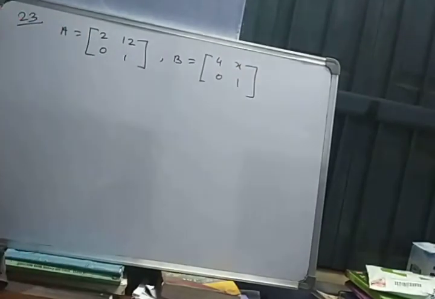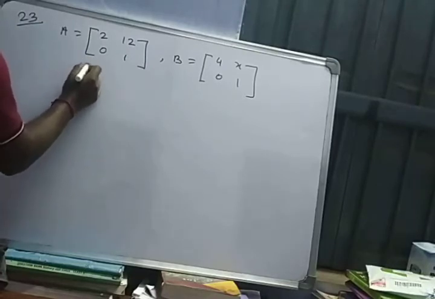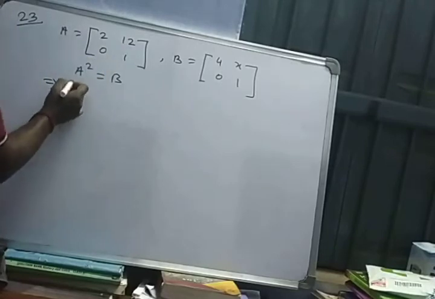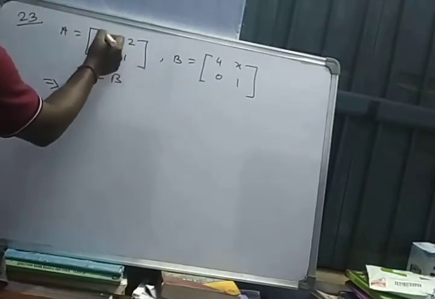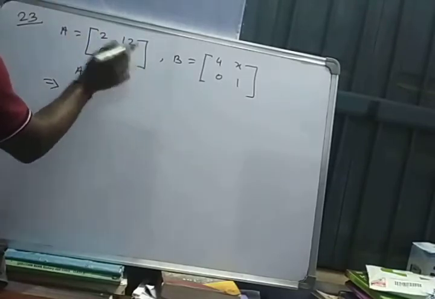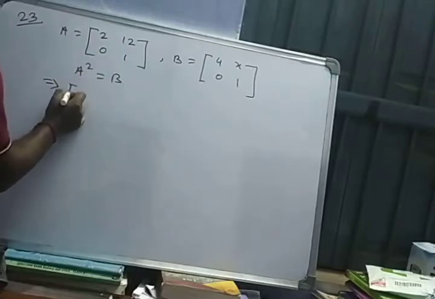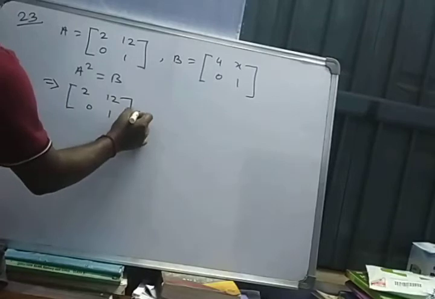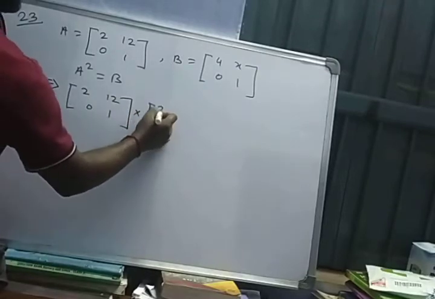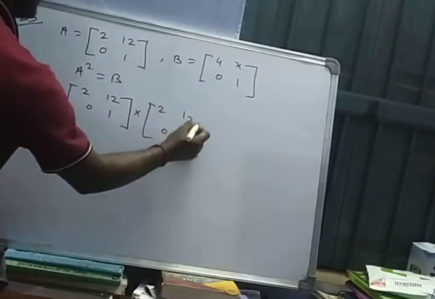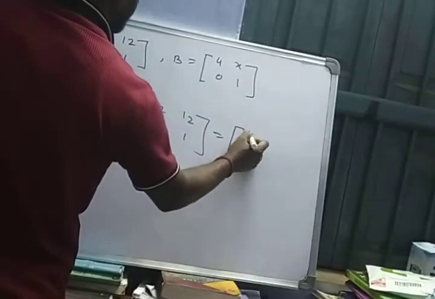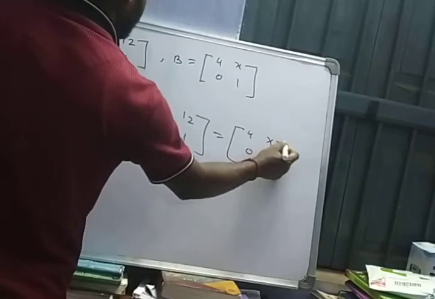Now given that A square equals to B, find the value of x in this matrix. Don't make square of each element. Someone will do this square, this square, this square. Totally wrong. A into A: 2, 12, 0, 1, this into again A: 2, 12, 0, 1. Then A square equals to B: 4x 0, 1.